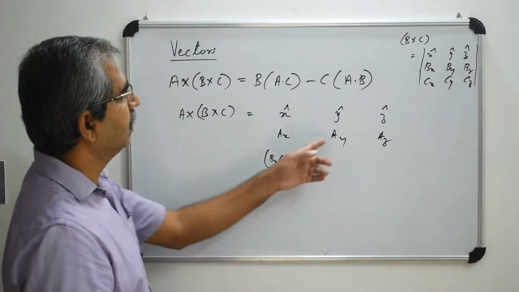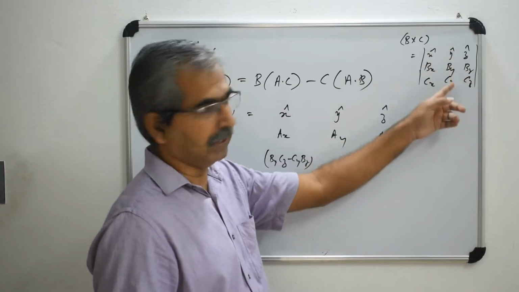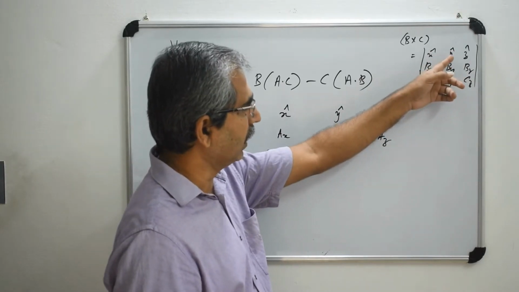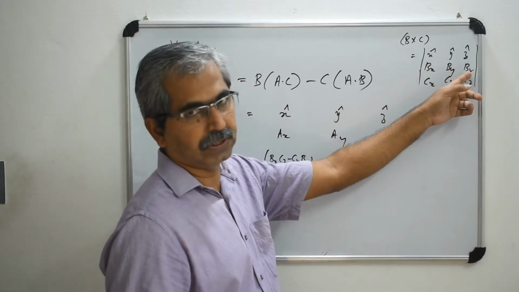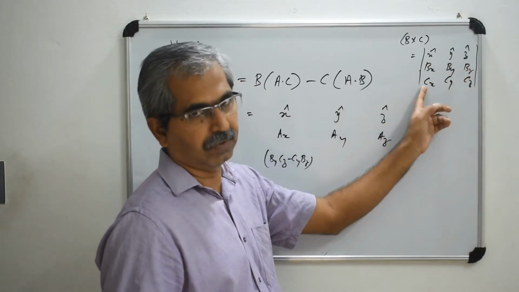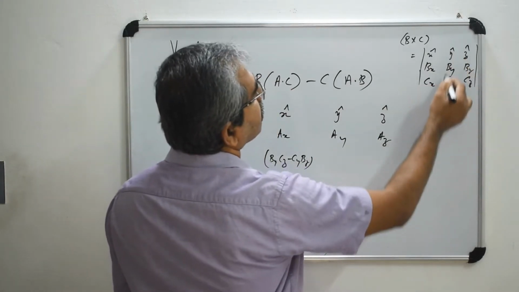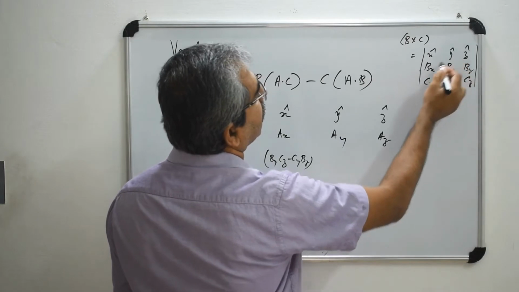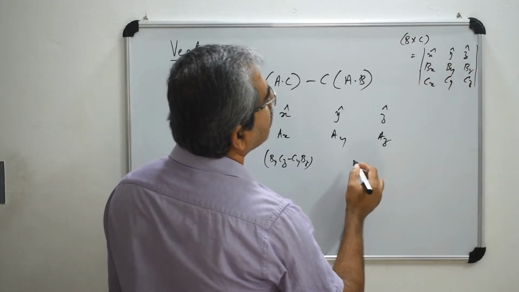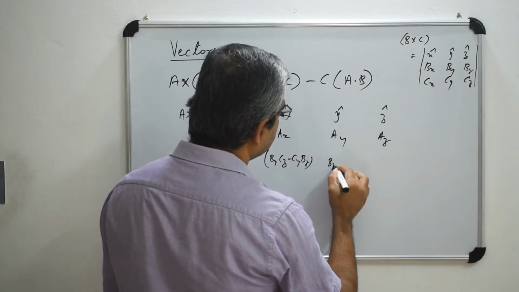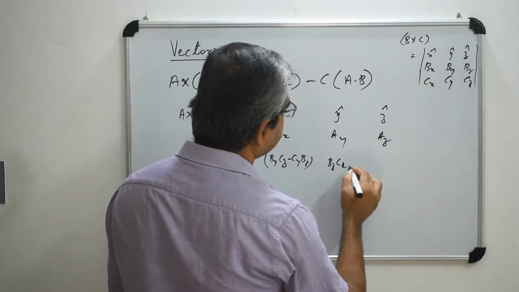Okay. And what is the Y component? Y component is minus, isn't it? Minus Y cap into Bx Cz minus Cx Bz. Okay, so I will write the second term first to make it positive. So the second component is Y cap into Bz Cx minus Bx Cz.